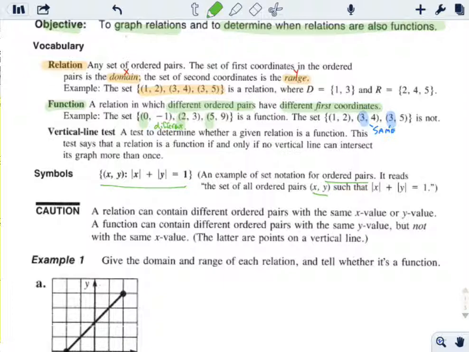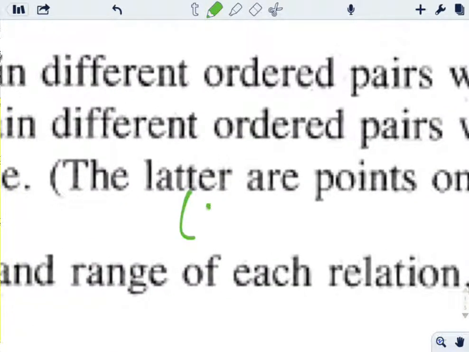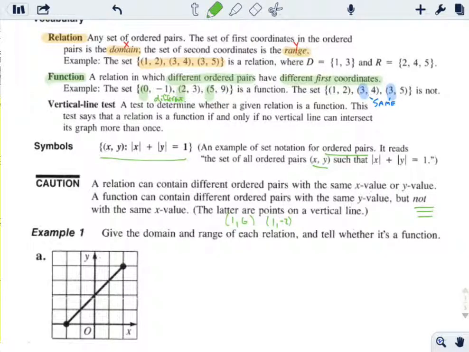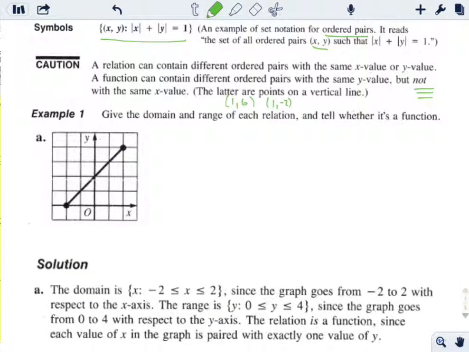A function can contain different ordered pairs with the same y value, but not the same x value. If we have different y values and the same x value, for instance, (1, 6) and (1, -2), we get a vertical line.